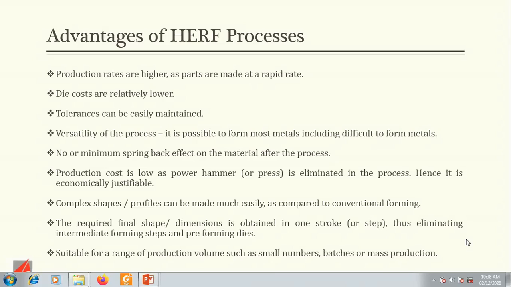Now there are three types of production in the industry, that is low production, batch type production and mass production. Means in a small quantity also we can produce the parts, but this high energy rate forming process is applicable to all these three types of production, that is small quantity production, batch type production or large production, the mass production.